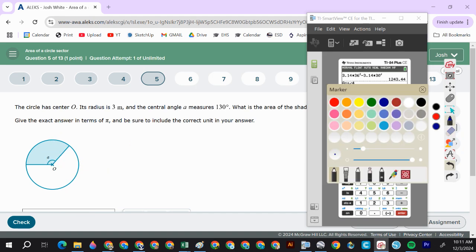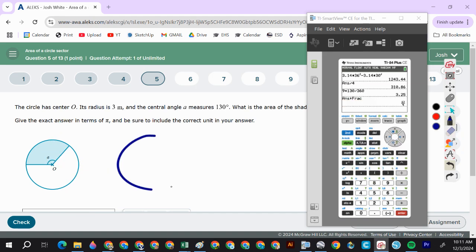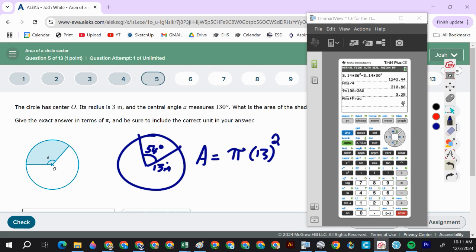So if I were to make up another problem, and I said the radius of this pizza is 13 inches, and this is a 54-degree angle, the area of the sector is going to be pi times 13 squared, that's the area of the circle, and my sector is 54 degrees out of 360 degrees.